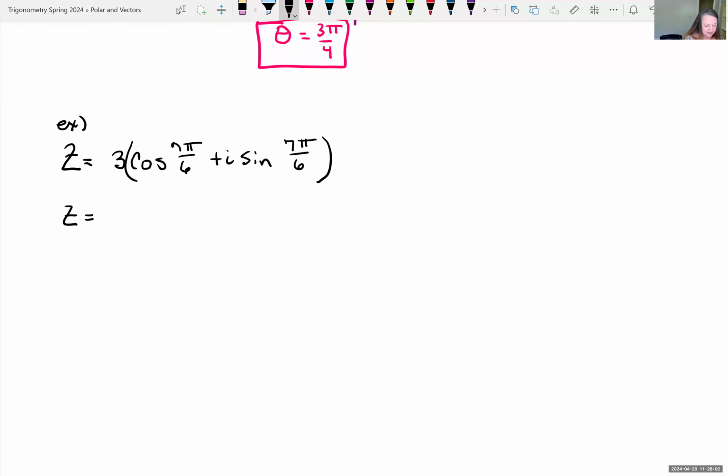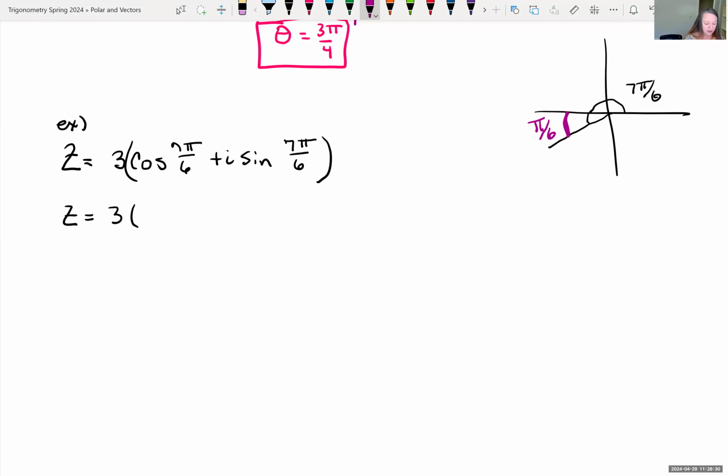So we have z is equal to 3 times, well, let's graph 7 pi over 6. Pi plus pi over 6 is 7 pi over 6. So we know our reference angle in here is pi over 6, so we're evaluating our trig functions at pi over 6. They're in the third quadrant, where both sine and cosine are negative.